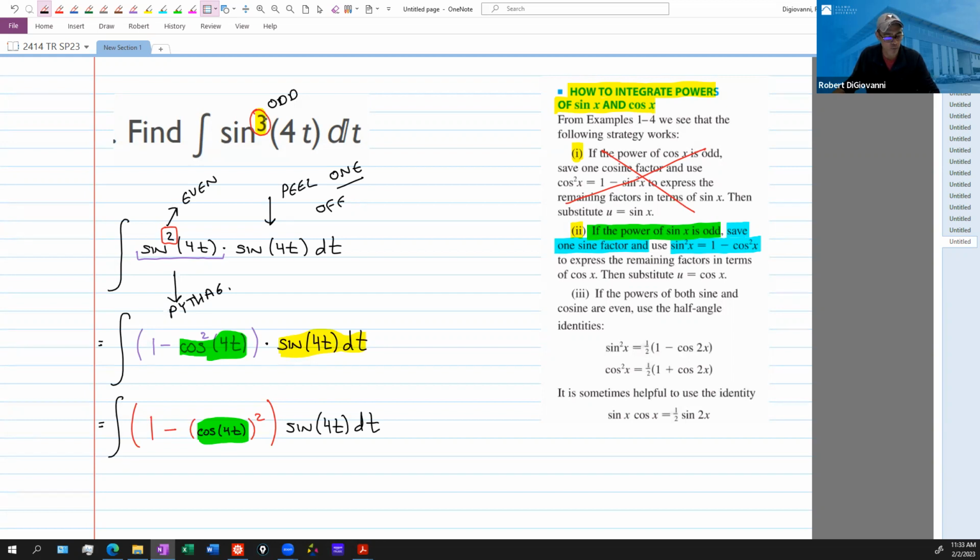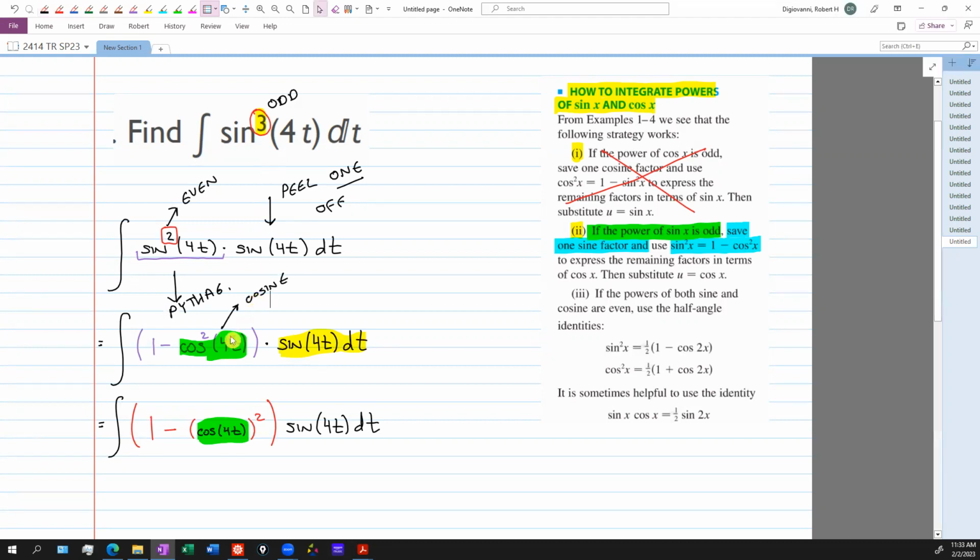And that Pythagorean will always have a cosine in it, and the derivative of cosine will be sine, which will be sitting to the side because I peeled it off. Every single time that should happen. So that's why this is the technique. If you see sine to an odd power, this is the procedure. You peel off the sine, you use Pythagorean, and then once you have Pythagorean, you go, oh, I'll let U be the cosine, then the rest should fall out pretty clean.